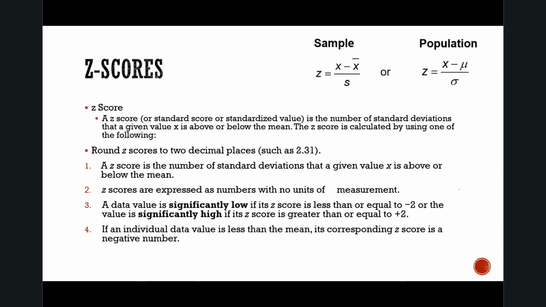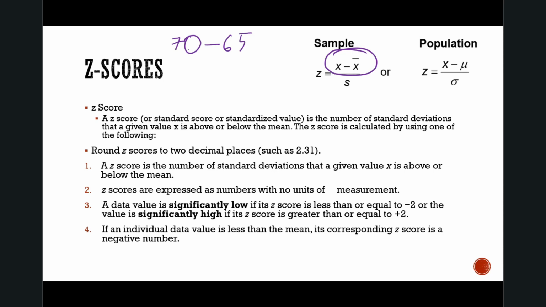Let's just think about what this formula is saying. This is the difference between a piece of data and the mean. So if the mean score on the test was 65 and yours was 70, you scored 5 points above the mean.